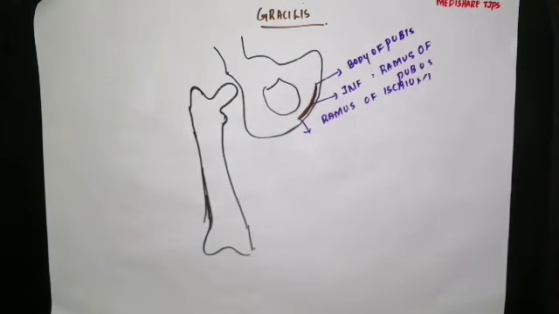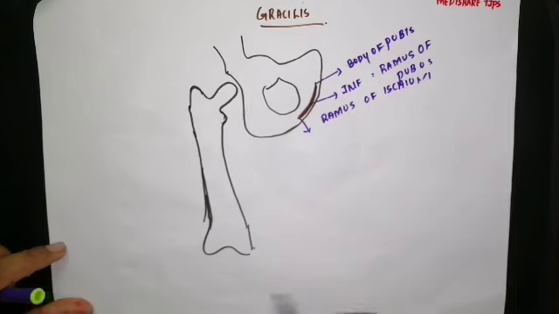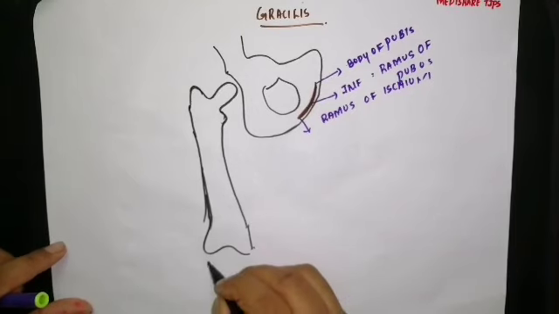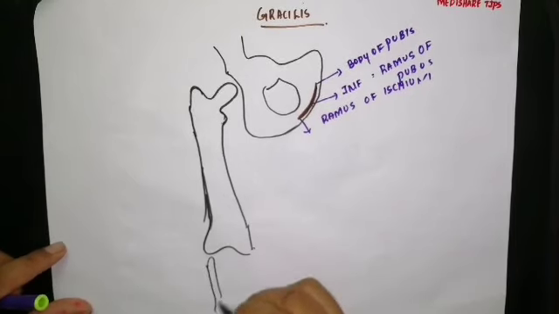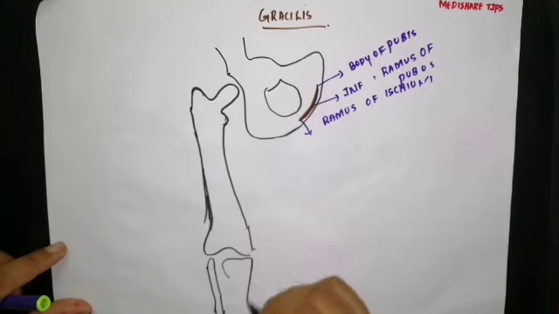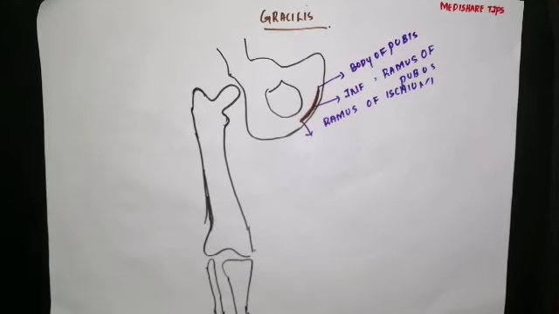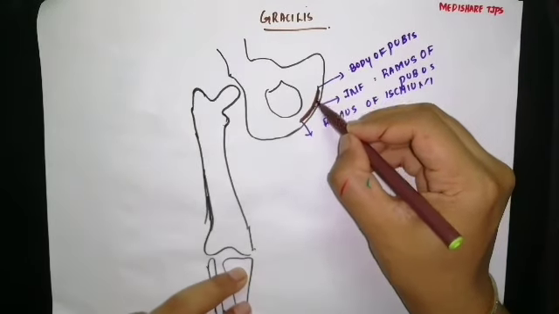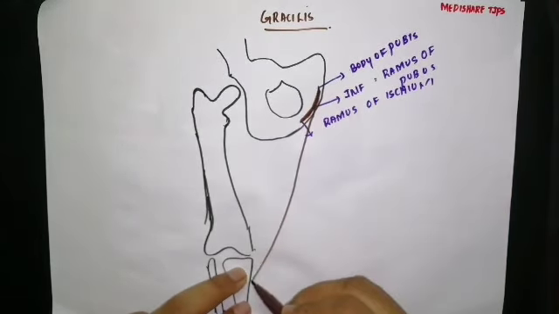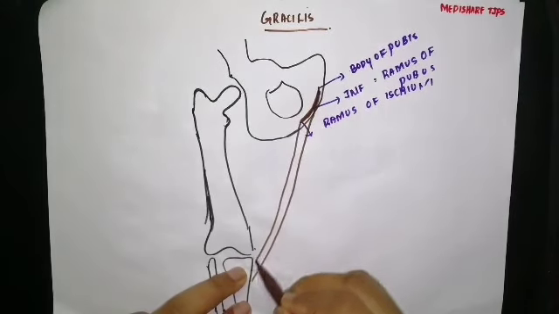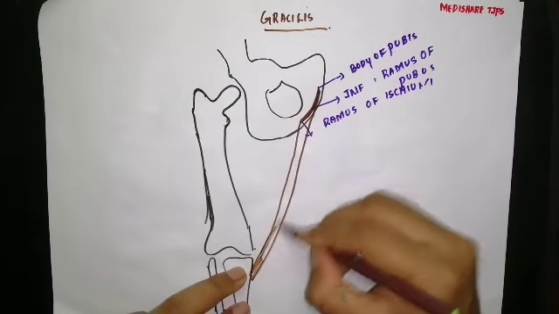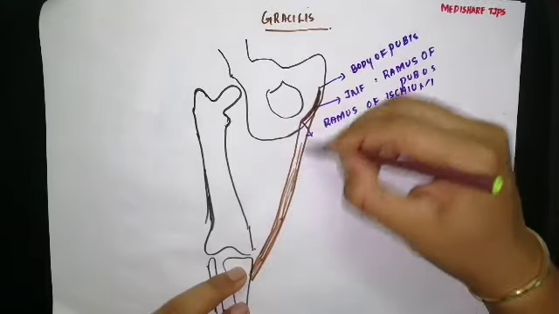Now this is one muscle of the adductor compartment which gets attached to the tibia. If this is the tibia, it gets attached into the upper part of the medial surface of tibia. So this muscle arises like this and it gets attached to the upper part of the medial surface of tibia.